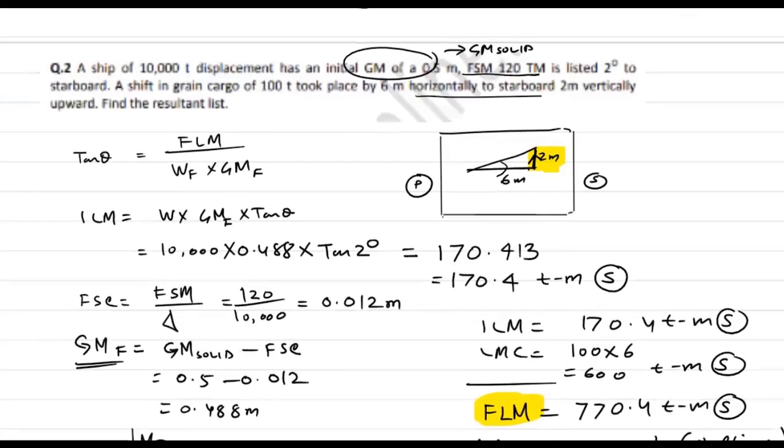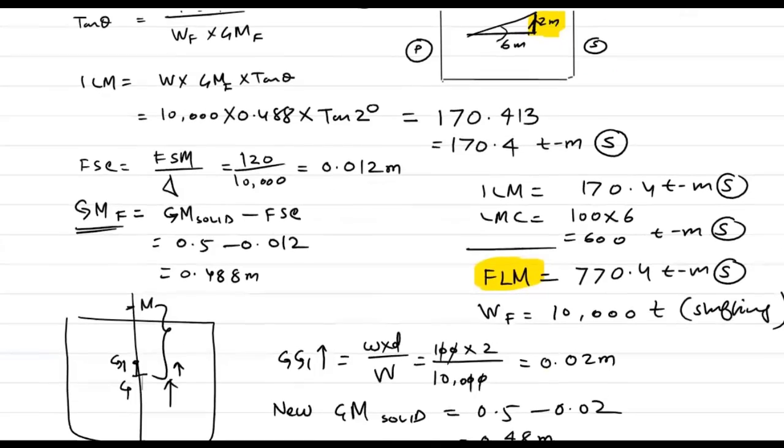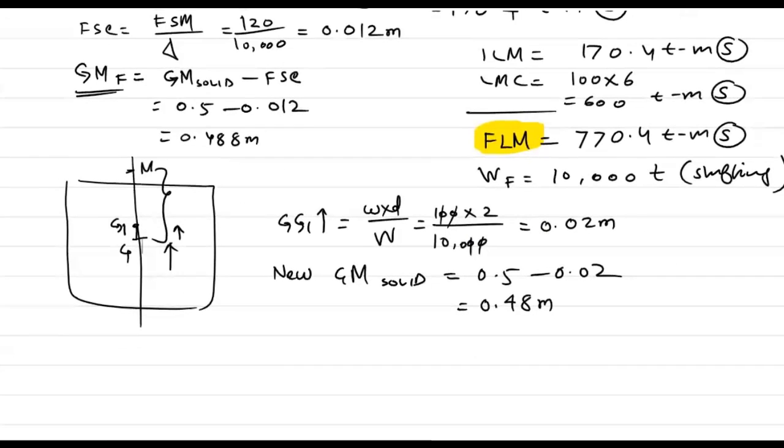Now the final free surface moment is not given, but the free surface moment will remain. So GM solid, convert it with FSC. Assuming the free surface moment has not changed.